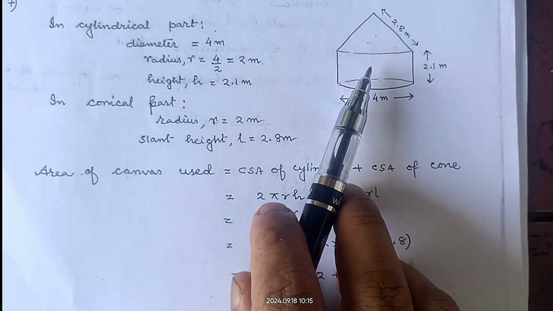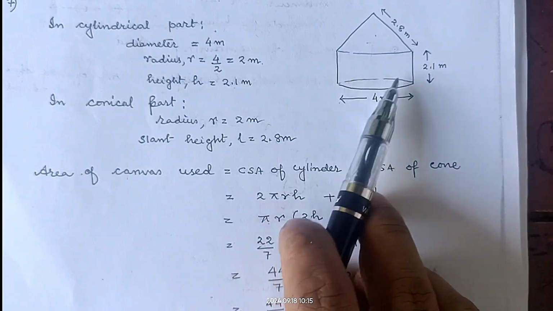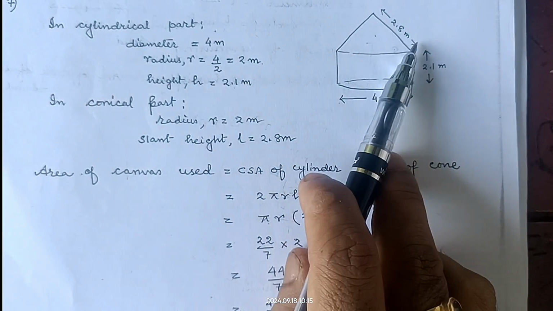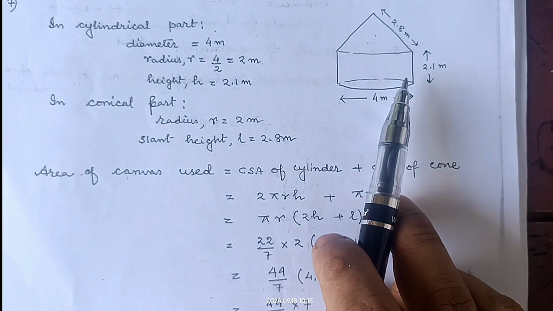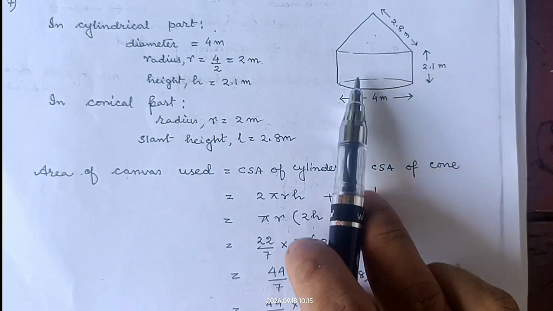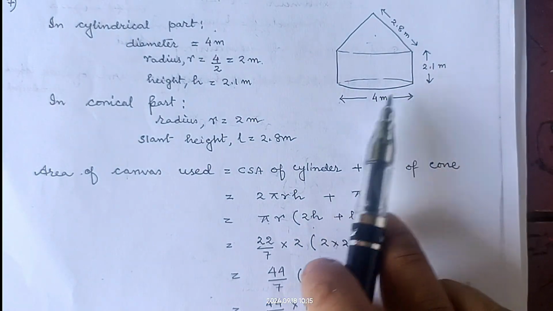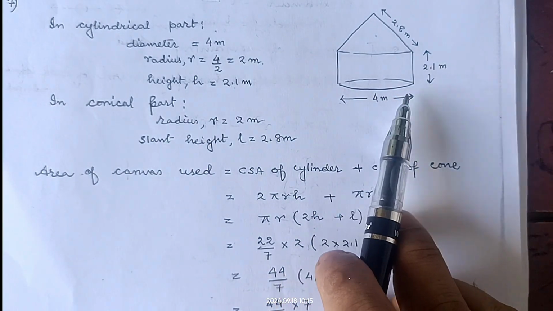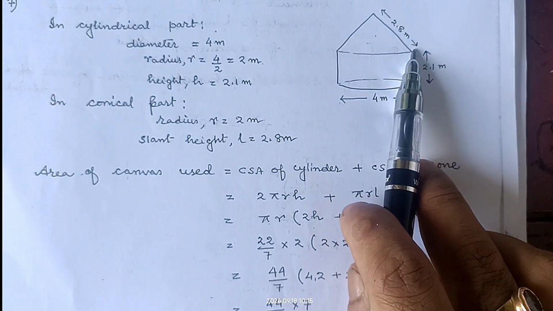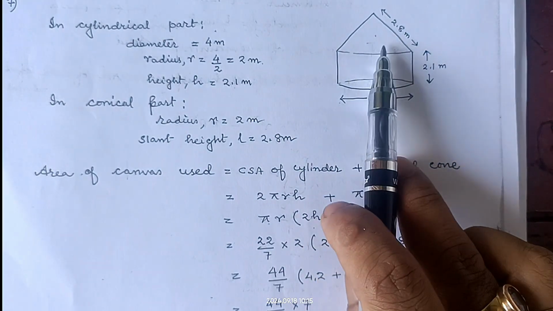As it is given, a tent is in the shape of a cylinder surmounted by a conical top. We have to find the area of the canvas.